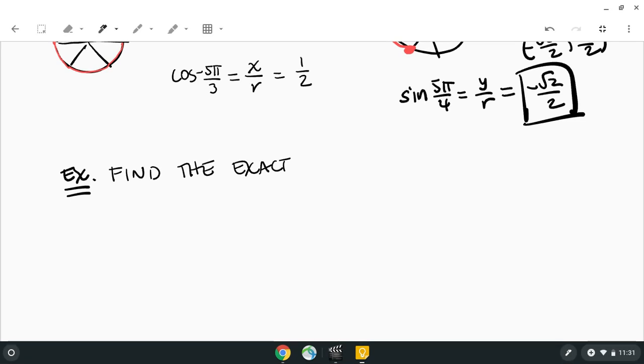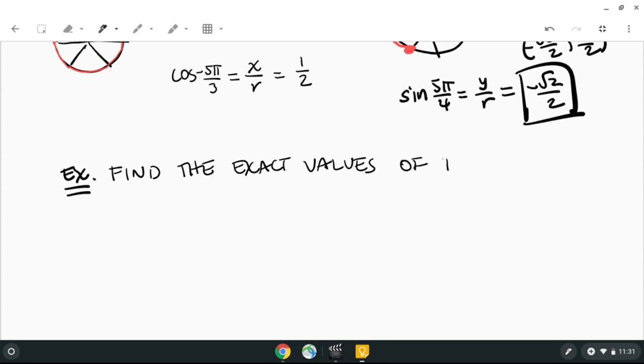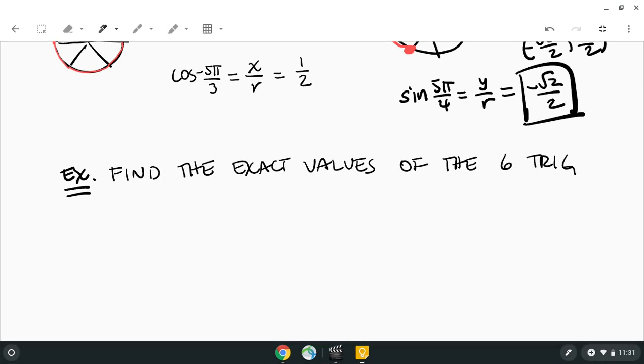Find the exact values of the 6 trig functions. So that's sine, cosine, tangent, cosecant, secant, cotangent, of t with the given information.